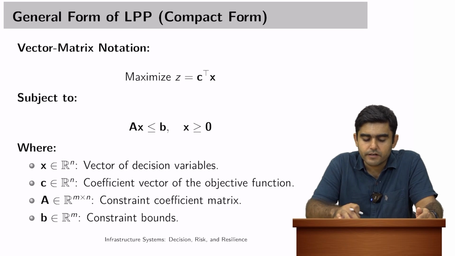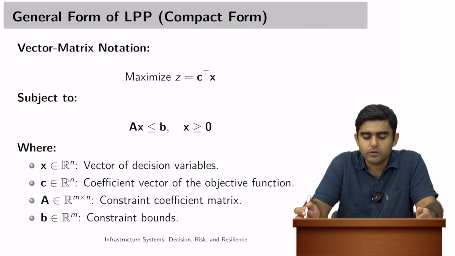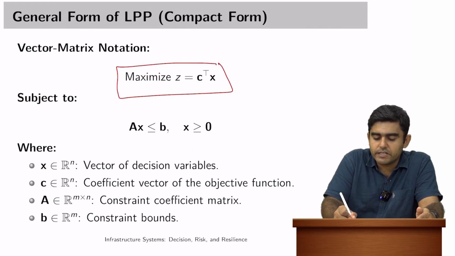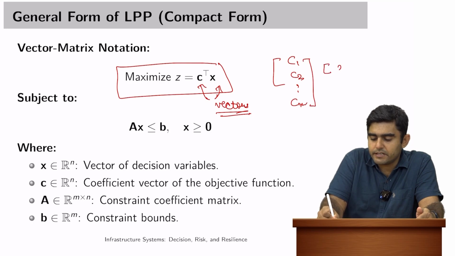Now, we can always write this problem that we have written in an expanded form into a compact form, that is maximize z equal to c transpose x, where c and x are now vectors. So c can be written as c1, c2 all the way till cn, and x can be written as x1, x2 all the way till xn.